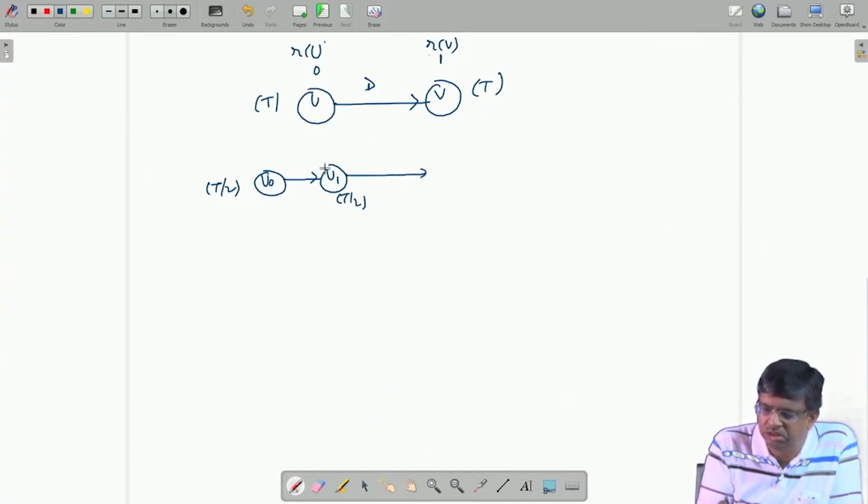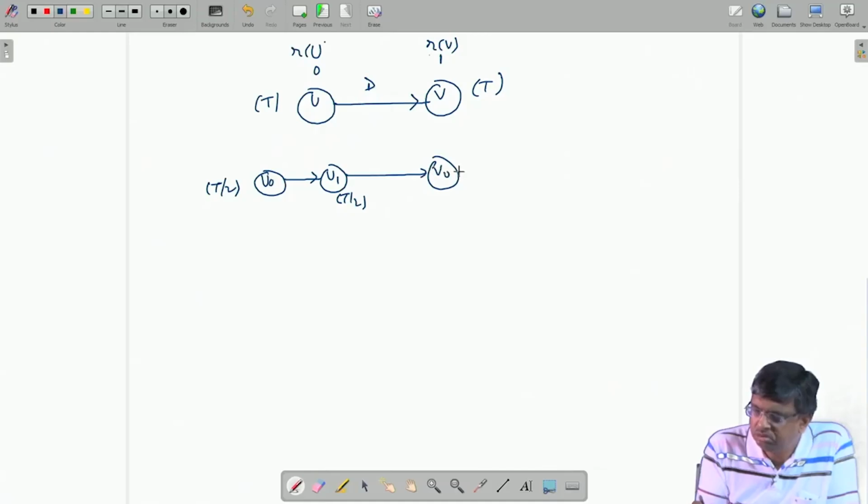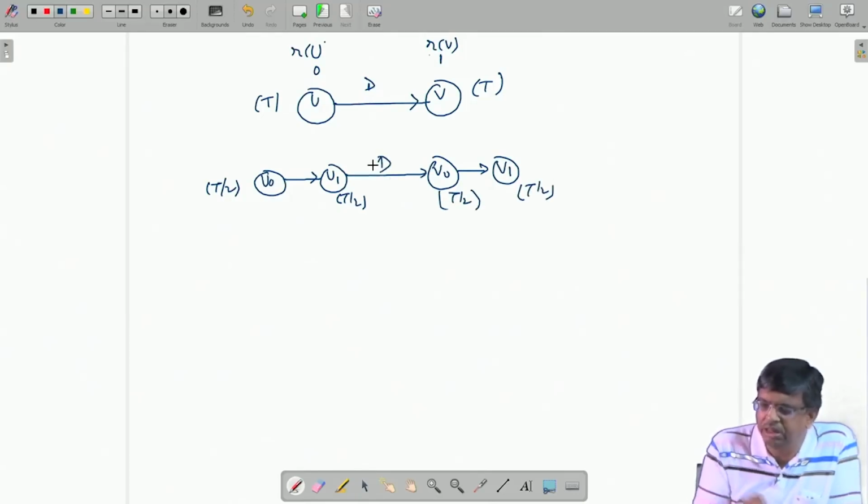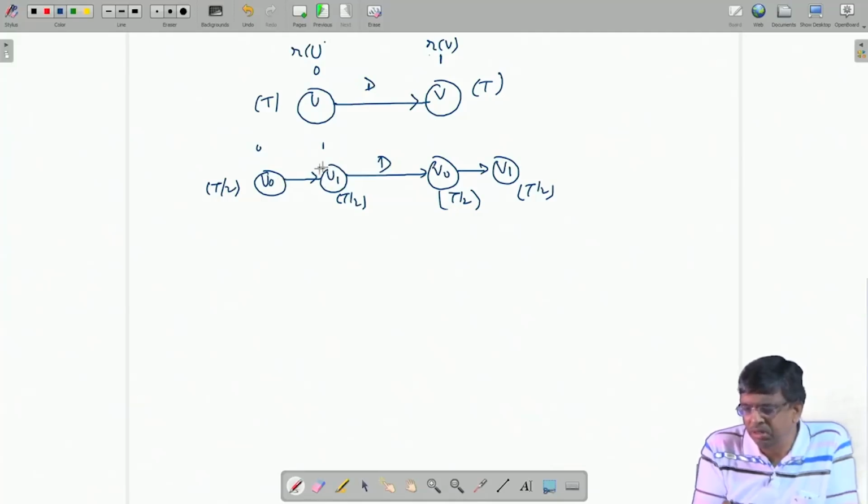This one also I break into two sub-nodes, again t by 2, just for example's sake, and I have a delay here. Then I choose retiming values 0, 1, 1 because I want to bring a delay here. Otherwise, they are working in the same cycle: t by 2 time you spend here for my output, then give it to here, and the next t by 2 time it dedicates to carry out the job on that. So in total it takes t by 2 plus t by 2, t.